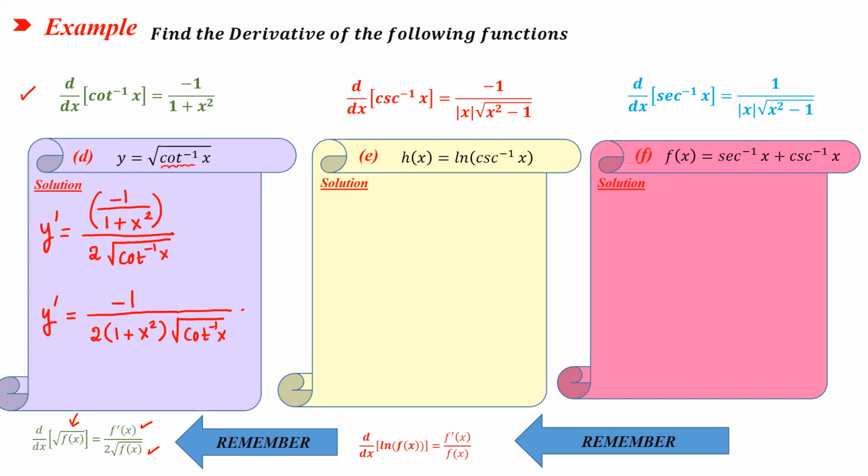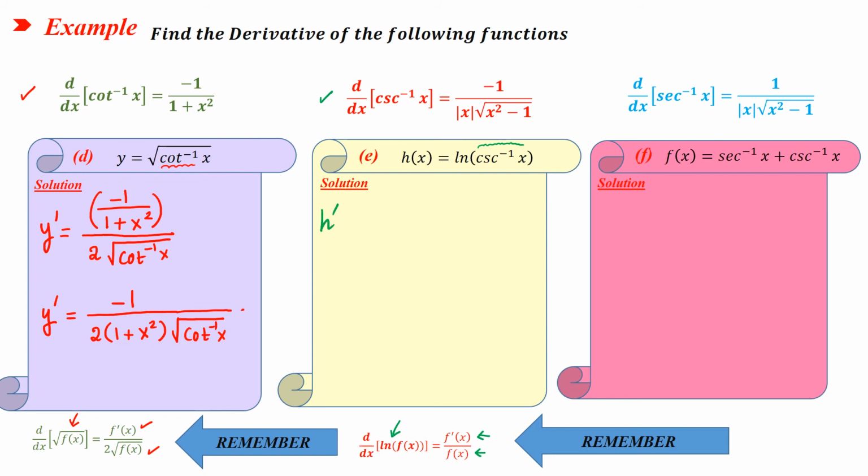Now in part E we have a ln function, natural logarithm function, and to find the derivative of this function, as you know, if we have ln of a function, then the derivative will be the derivative of the inside function divided by the inside function. The inside function is cosecant inverse of x, and this is the derivative of cosecant inverse of x.